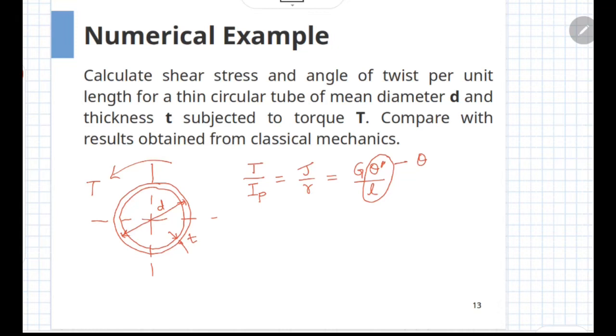Let's obtain the solution using the theory of thin box sections and then compare with the classical solution.